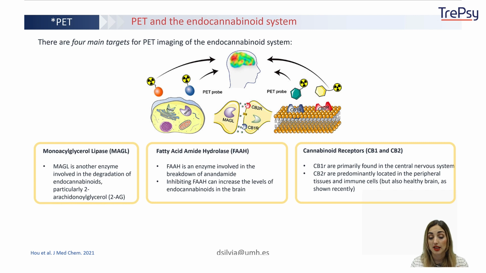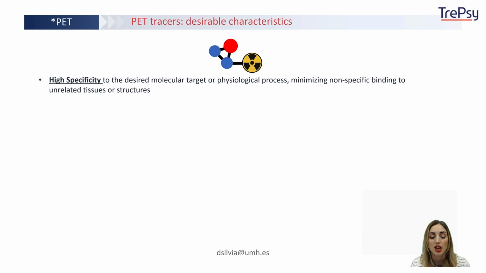And lastly, the fourth target is monoacylglycerol lipase, MAGL, which is another enzyme involved in the degradation of 2-AG especially. All four of them are targets of PET, but the most used one is for sure the CB1 receptor.